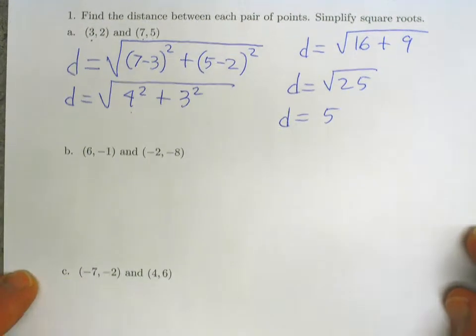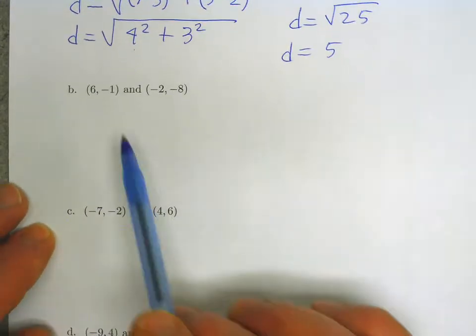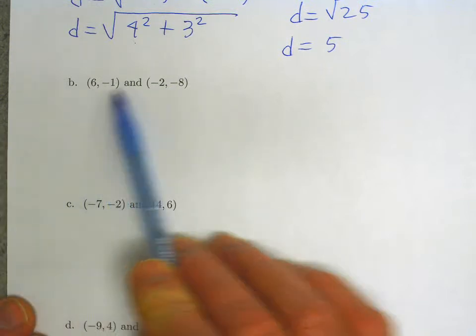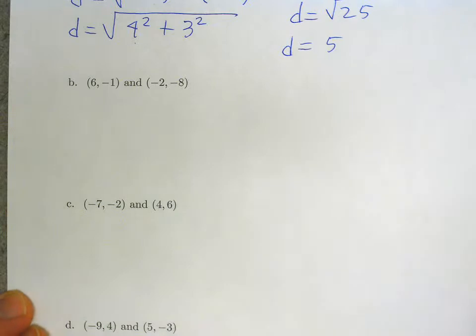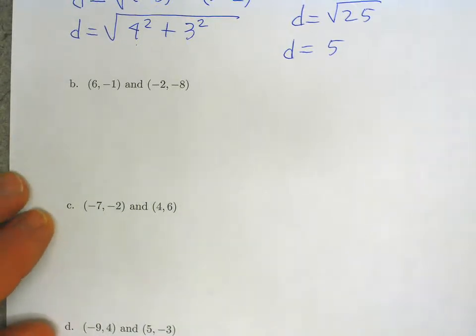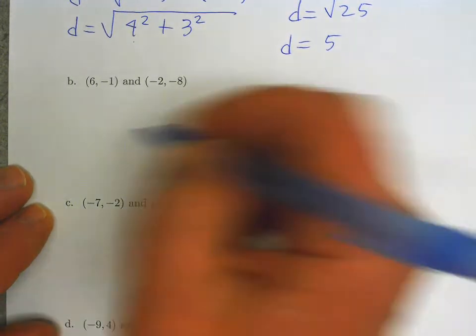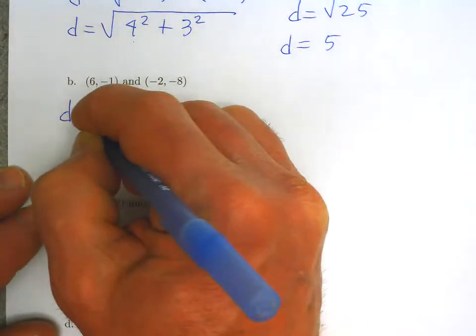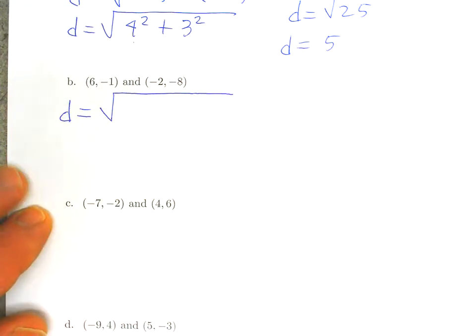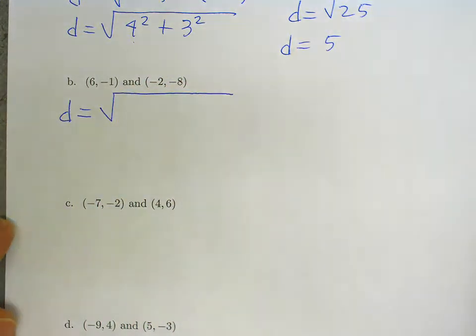Okay, in the next example, we have an ordered pair 6, negative 1, and another ordered pair negative 2, negative 8. Find the distance between those 2 points. Okay, so the distance is equal to the positive square root of a number.